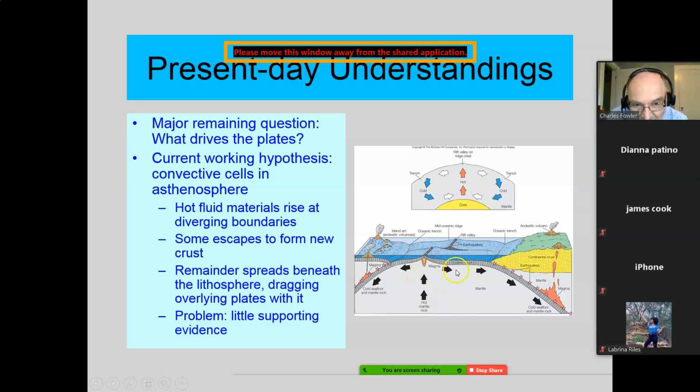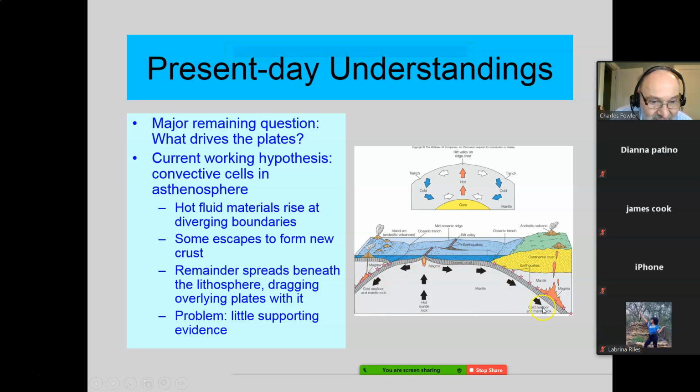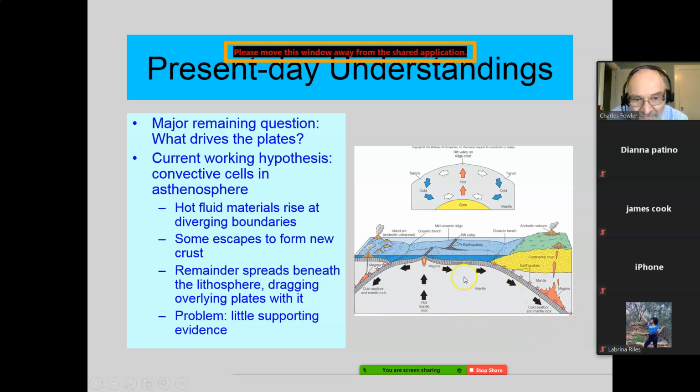The rest of it, as it drags this way and this way, pulls those divergent boundaries apart. Now that's part. Others say the old oceanic plate, and they've drawn it really long here, is dragging these further apart. This is called slab pull.